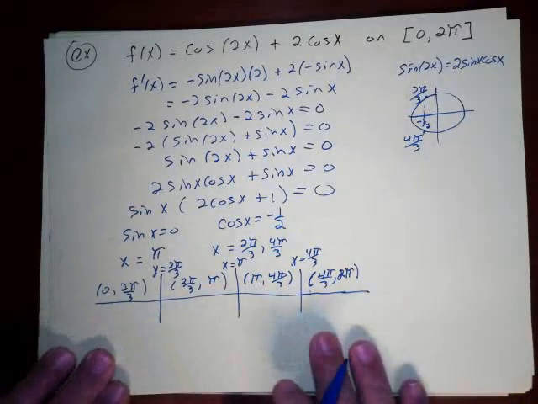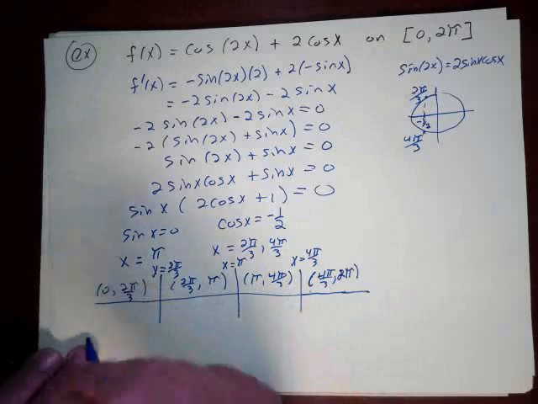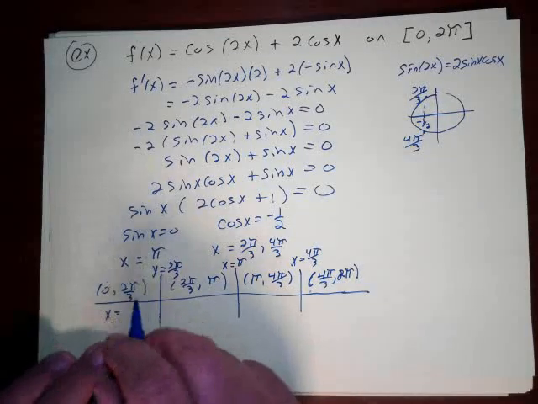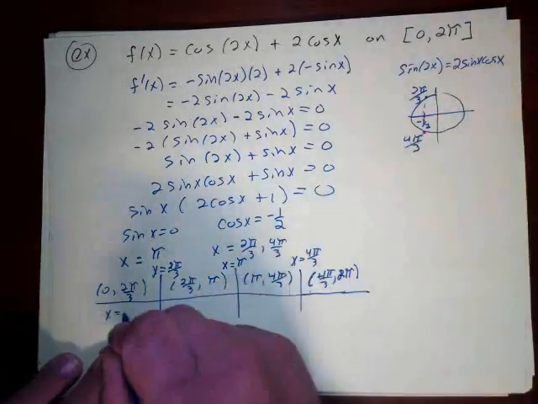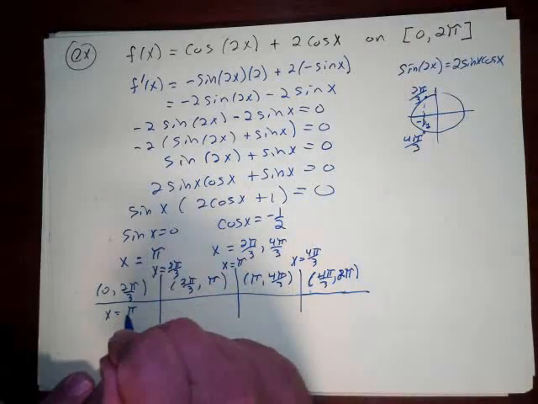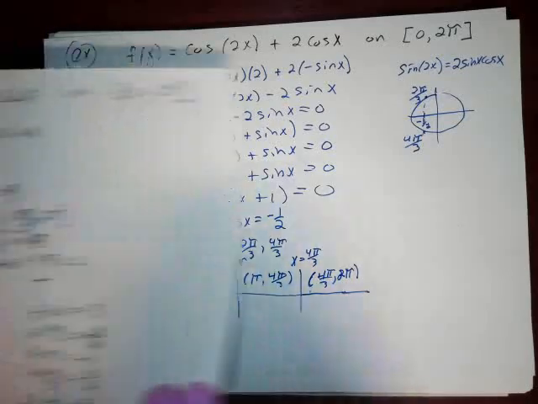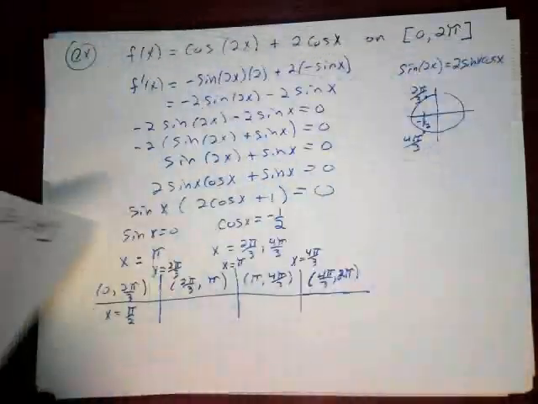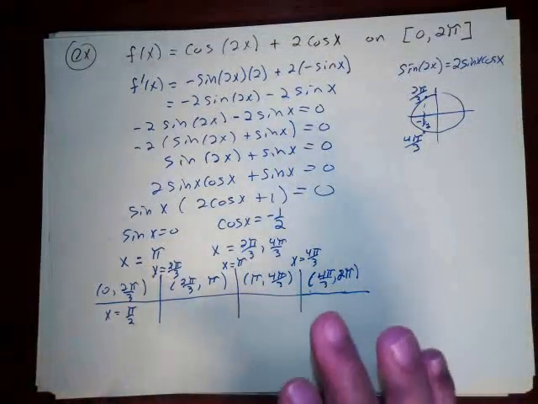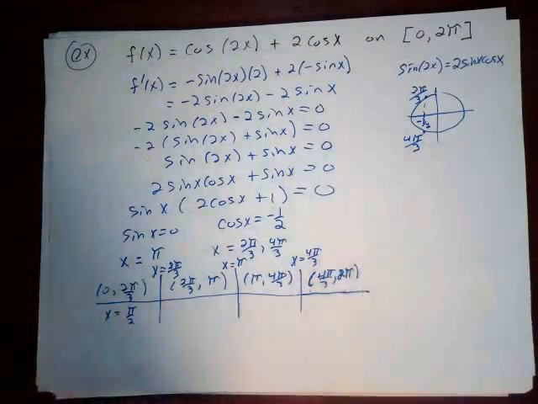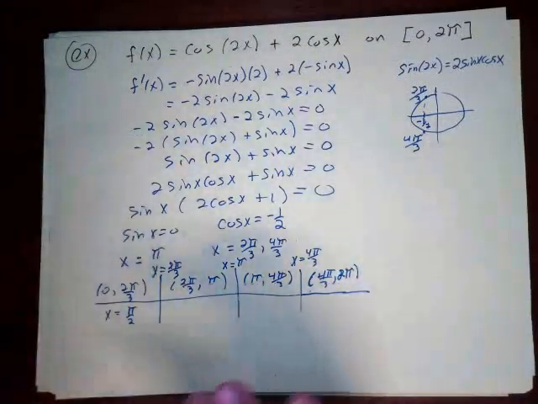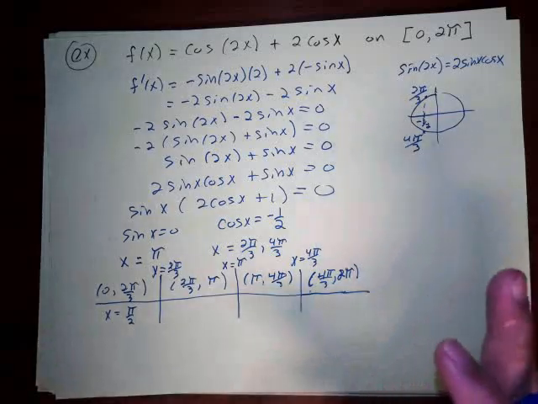Those are the 3 critical points. And so now let's pick a test value out of each of these. And I think pi over 2 would probably be a good one here. And I have the work done over here. I've done the problem. So if I make this look easy, trust me, it's not. I think this one I had to do twice.